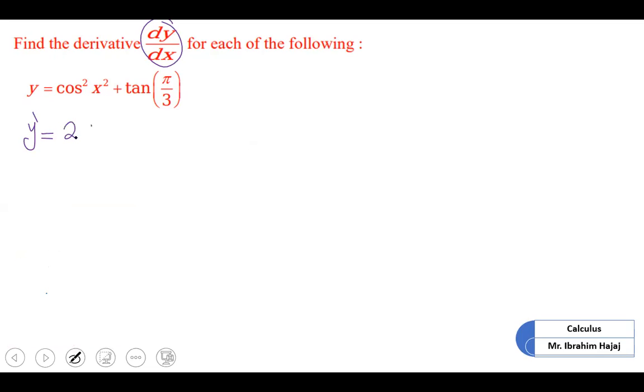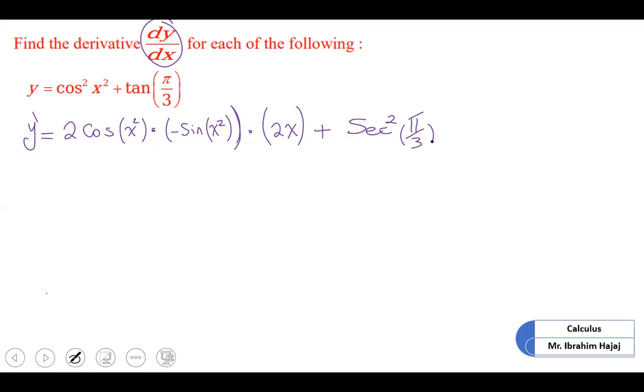First of all, we will write 2 cosine x squared, multiplied by the derivative of cosine, which is negative sine, the same angle, x squared, and then multiply by the derivative of x squared, which is 2x. And then plus here, 10 pi over 3. What's the derivative of tan? The derivative of tan is secant squared, same angle, pi over 3, secant squared pi over 3.